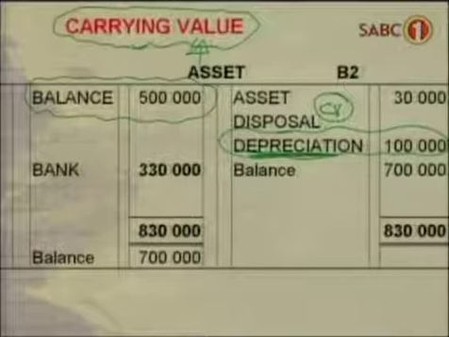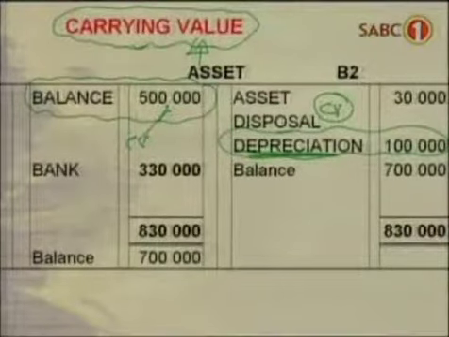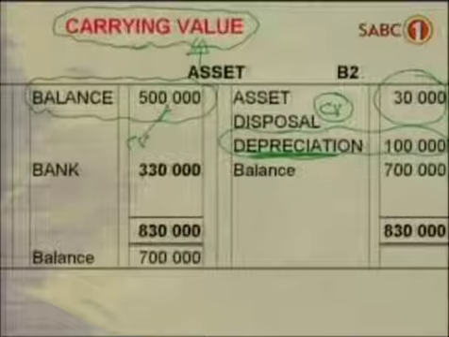Please, I implore you, matriculants, that when you are working with the carrying value, remember the asset disposal has to be at carrying value, because all your information in the account is at carrying value, isn't it? That's not the cost price, that's carrying value. So obviously you have to put the carrying value of your asset disposal into that account as well.